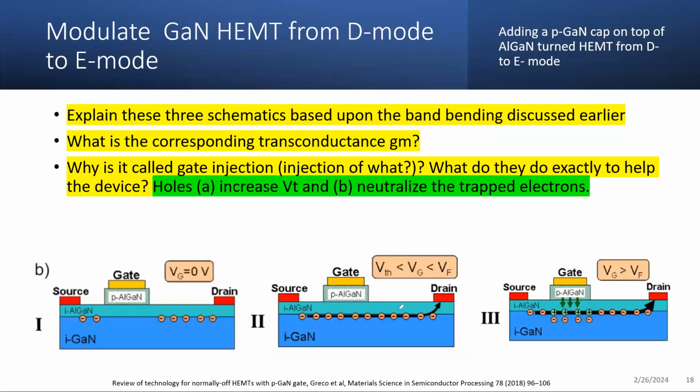So this is what people think, that this is how that works. Basically, at every different voltage, you can see the gate controlling. The gate can be an AlGaN gate, it can be a p-GaN gate. It depends on what you want to do.